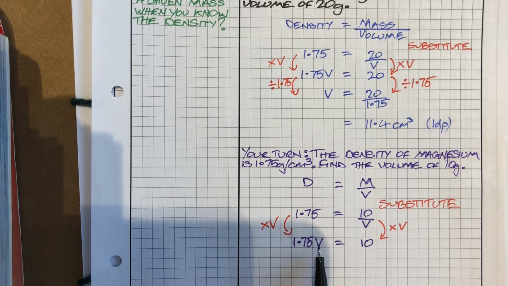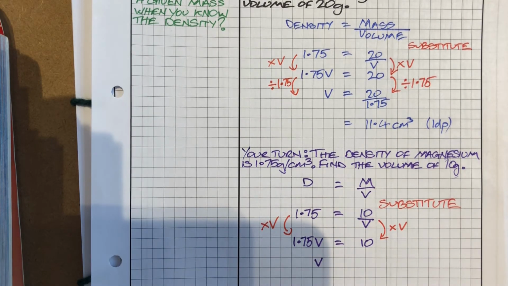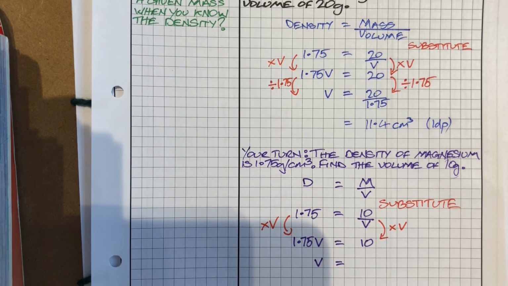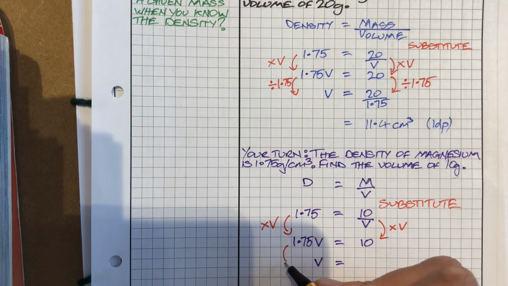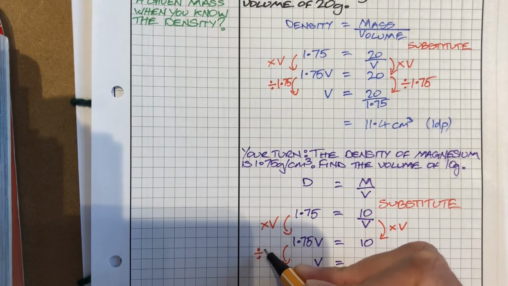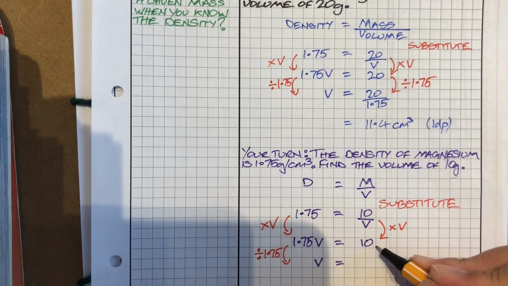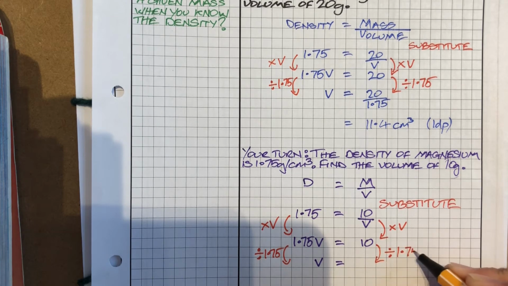Now I've got my mystery number multiplied by another number, so I can easily get that number on its own. How do I do that? Well, by doing the opposite of what's here. This is times by 1.75. So we divide by 1.75 and we do it on both sides of the equation.